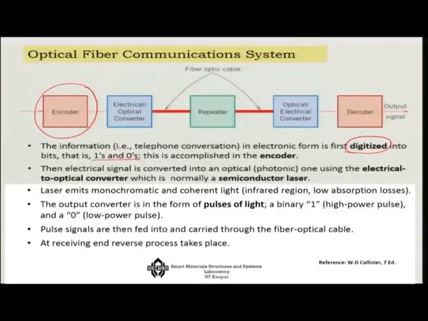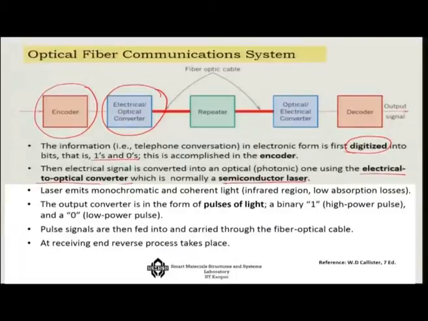Then, corresponding to these ones and zeros of the electrical signal, you have to generate pulses of light, and that is done via an electrical to optical converter, which is normally a semiconductor laser. Now once you have converted it, your signal is in the form of a laser, which will emit monochromatic and coherent light.